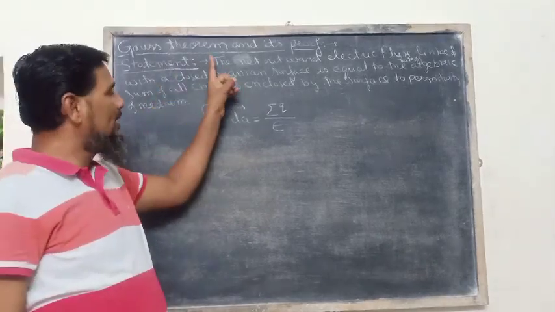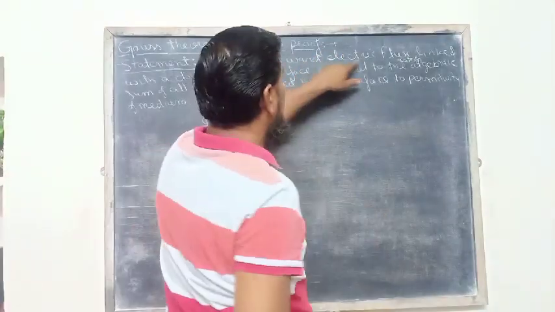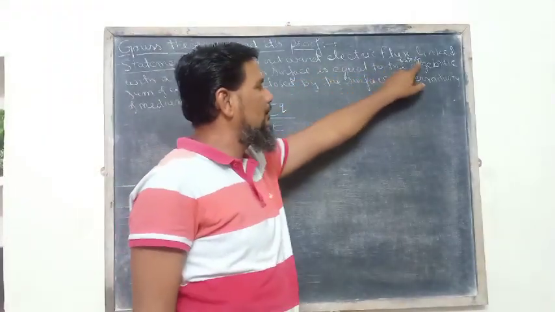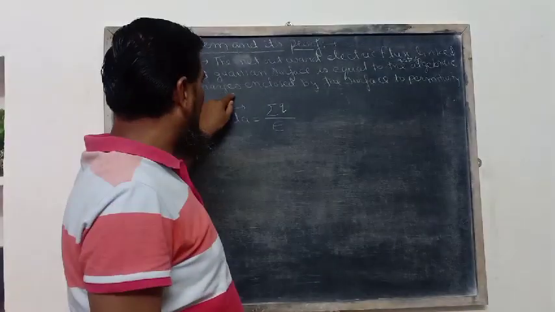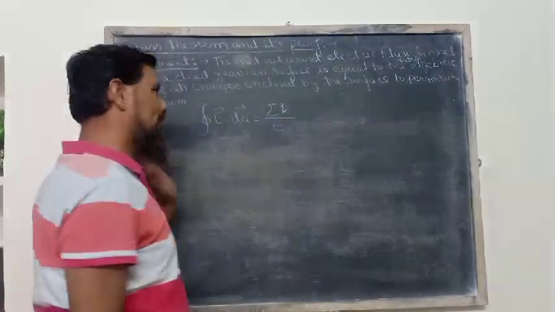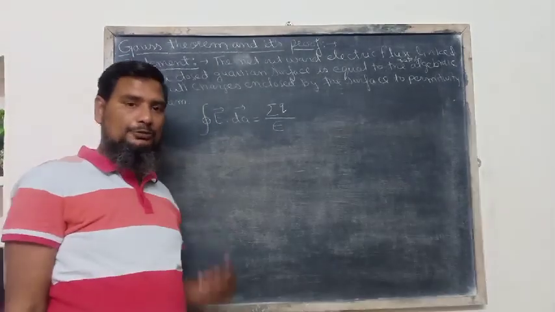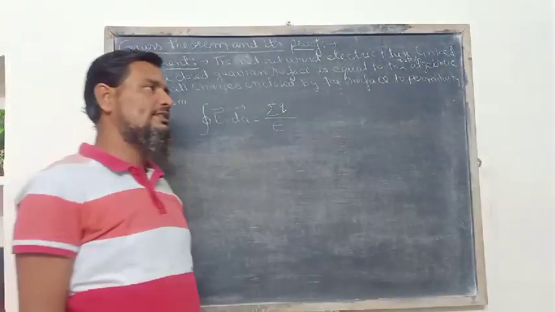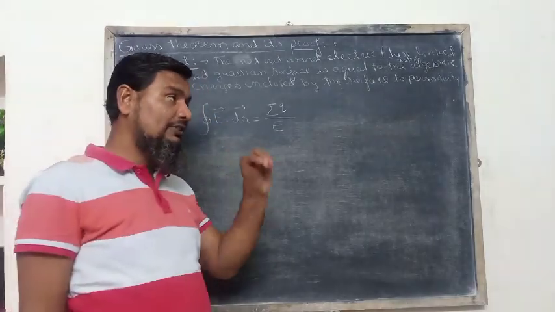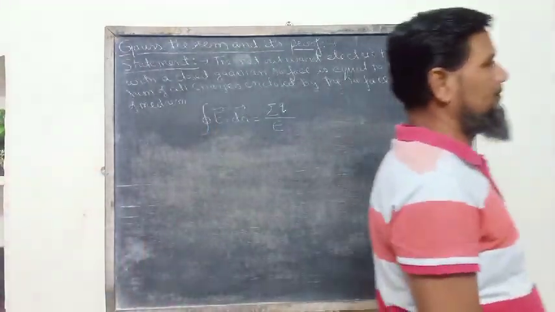Again, I am explaining. The net outward electric flux linked with a closed Gaussian surface is equal to the ratio of the algebraic sum of all charges enclosed by the surface to the permittivity of medium. A Gaussian surface must have two characteristics. Number one, a Gaussian surface is always a closed surface, and the electric field intensity at every point of a Gaussian surface is always equal.